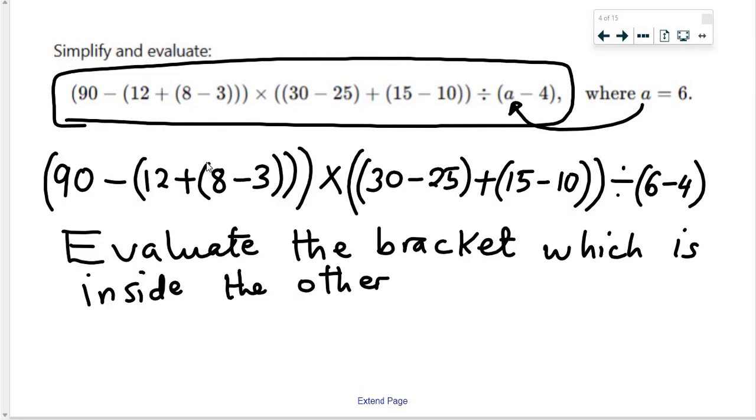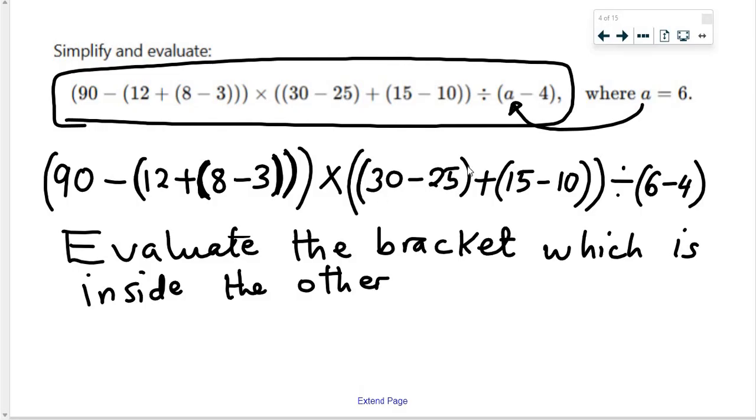Now, look at this bracket here. This bracket here, which is opening here and closing here, is inside of this bracket. So the bracket which is inside the other is the one which we start evaluating.